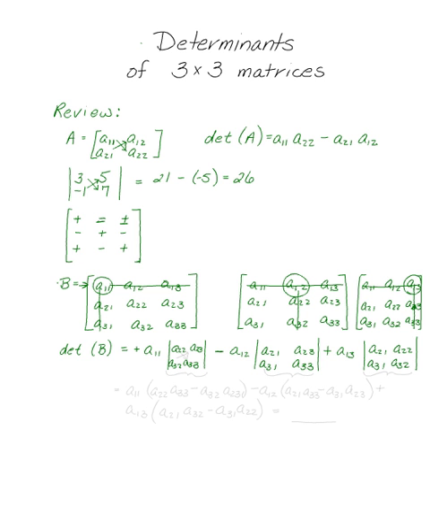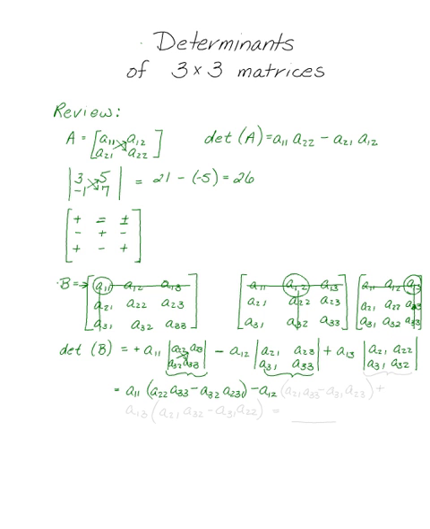Now, in order to actually finish this determinant, we need to find the determinants of each of the three smaller matrices, which is what we reviewed above. So, for example, what we would have here is A11 times the determinant of this matrix, which, recall, we get by taking A22 times A33, minus A32 times A23, and continuing across.